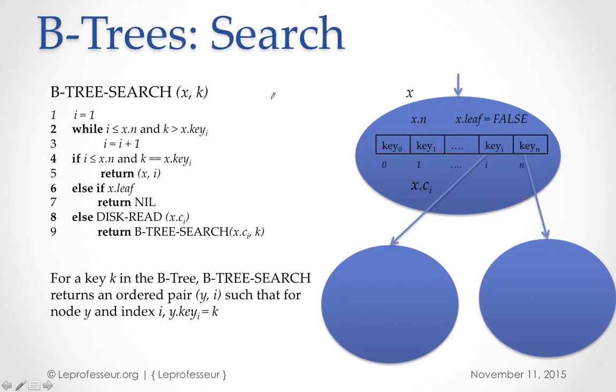But in the case of B trees, since every node stores the keys in ascending order, that determines which child or subtree the key may belong to if the key is not found at an internal node.